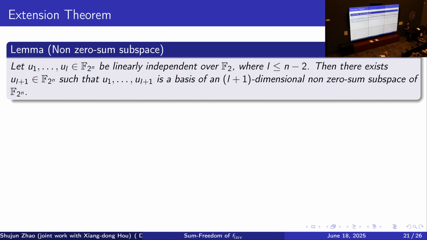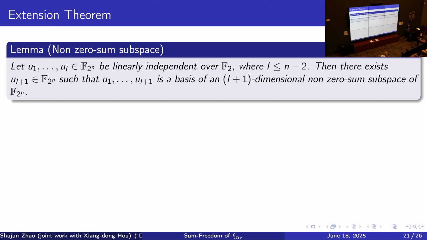And also our result will count on an extension theorem. It is saying that because constructing a zero-sum subspace could be rather difficult, firstly we found out that it is relatively easier to construct a non-zero-sum subspace, and then we could extend it to a zero-sum subspace.